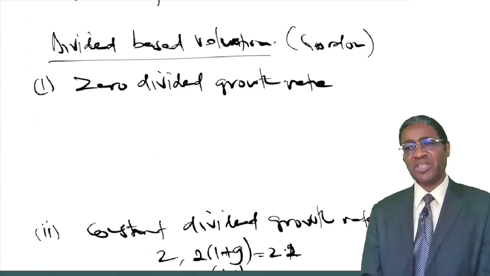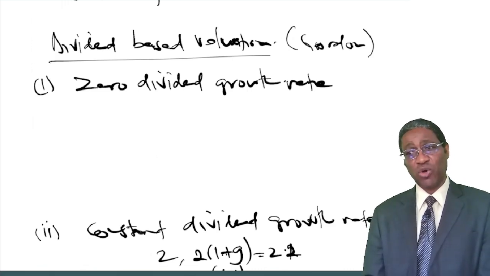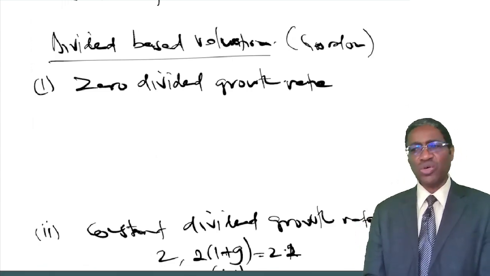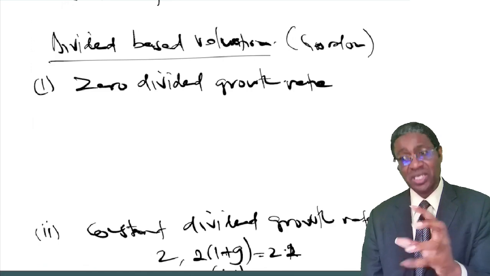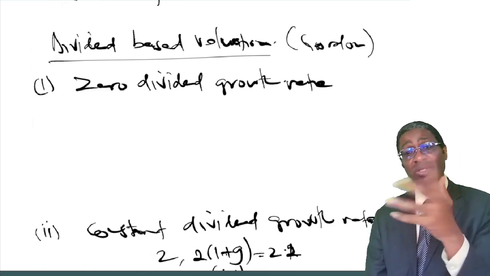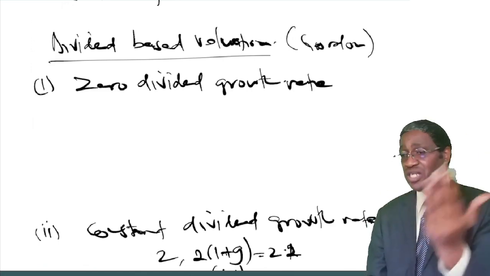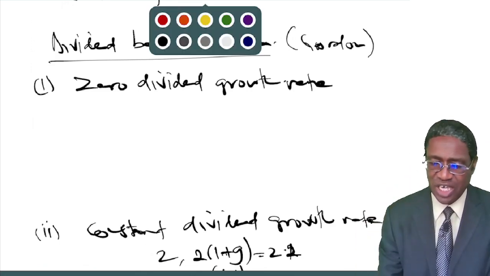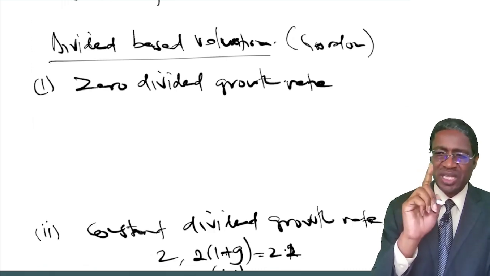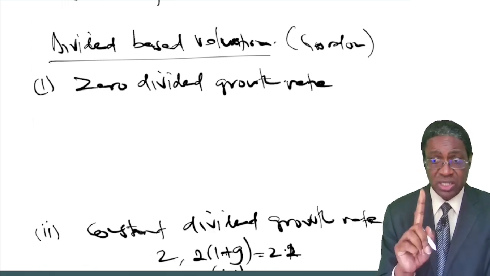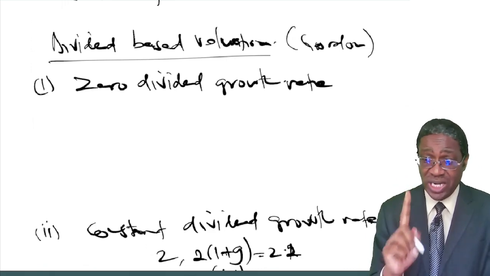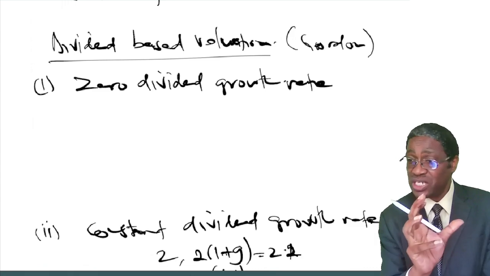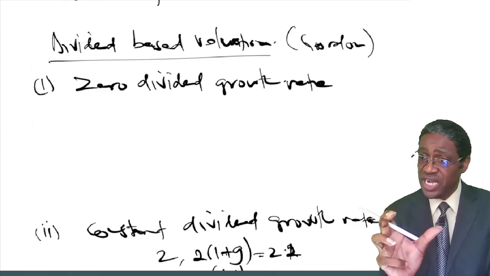recall something we did in the topic of cost of capital. Under cost of capital, we also classified the shares into categories, including the 0 growth rate. Listen, I am saying recall. When we were determining the cost of ordinary shares, we had to classify the ordinary shares again and ask ourselves, was there any growth rate in their dividend?